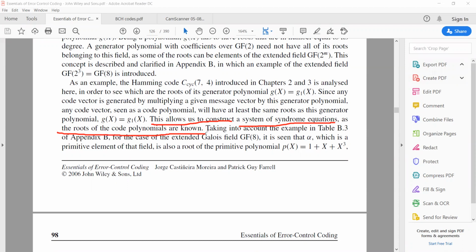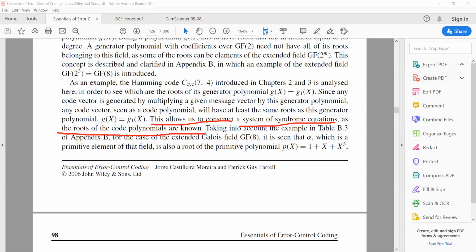That means in case of cyclic code, when we receive a code, we already know the roots of the generated code polynomials, and we are receiving a different code polynomial.